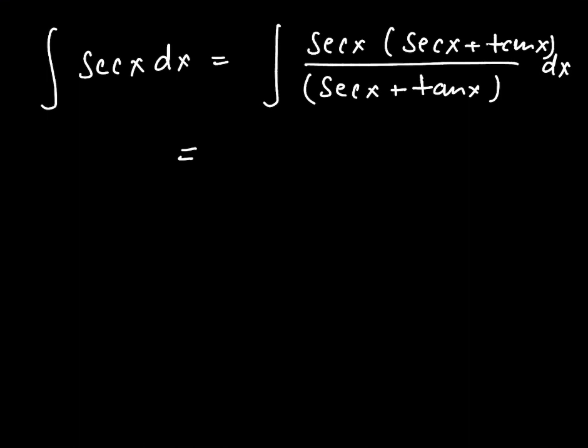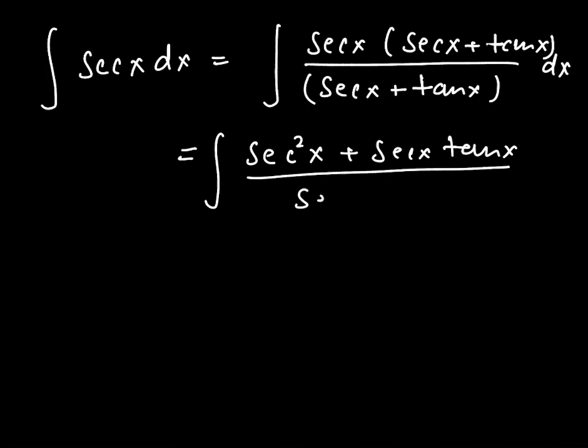And so further multiplying it inside, we would have secant square x plus secant of x times tangent of x divided by secant of x plus tangent of x dx. Now why did we do it? Because we're going to use the method of u substitution where we would assume the value of u equals secant of x plus tangent of x.